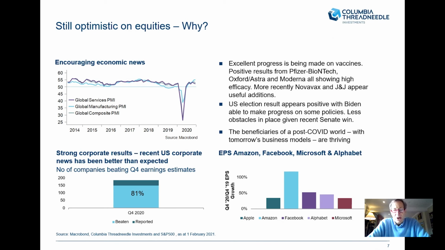But there's others. Glaxo have got one in phase 2 trials. There's a company called Valneva and CureVac that have got vaccines in phase 3 trials. And the more vaccines we have, the quicker they can be rolled out and people immunized. So good news there.